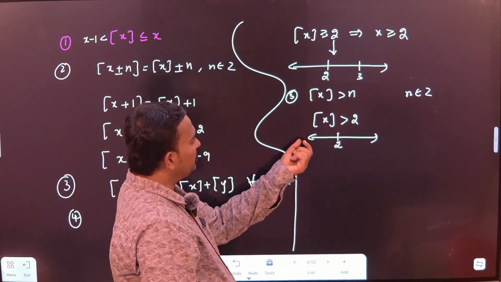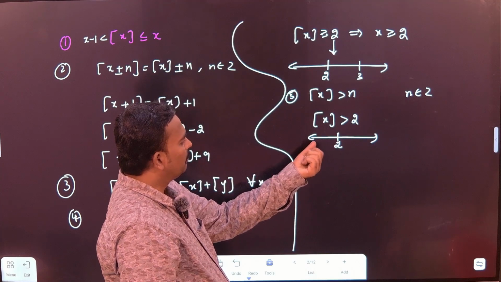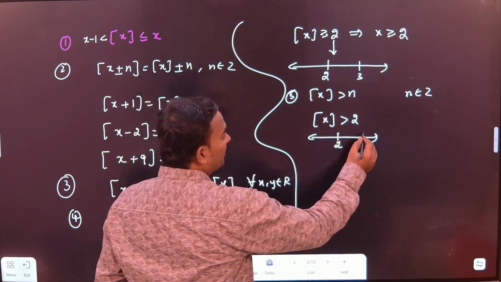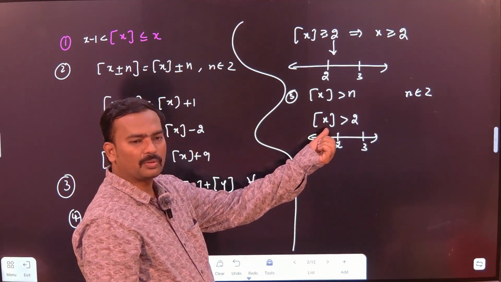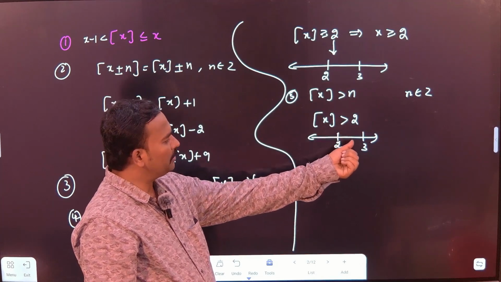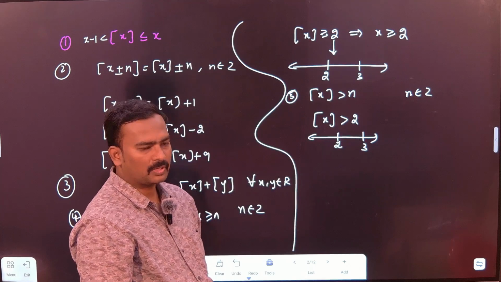Less than 2 is not possible. But let's take 2.5. The greatest integer function of 2.5 is 2, and 2 is greater than 2 is not possible. So you can take 3 or more than 3.